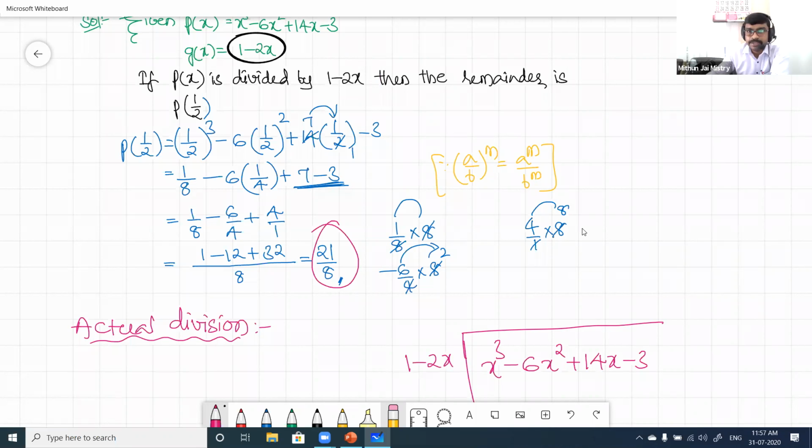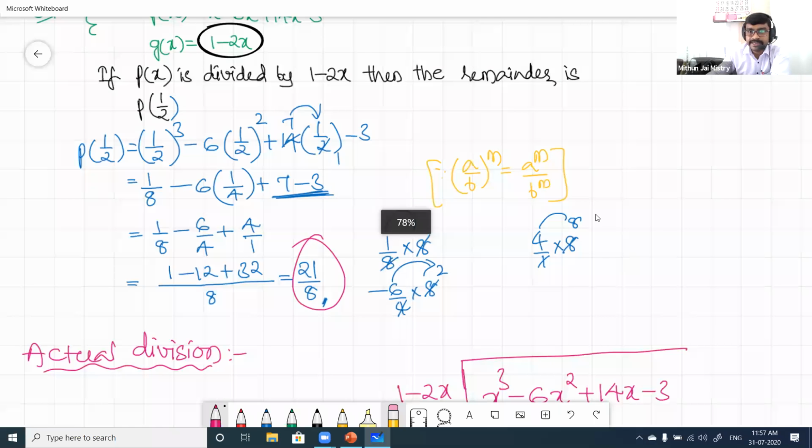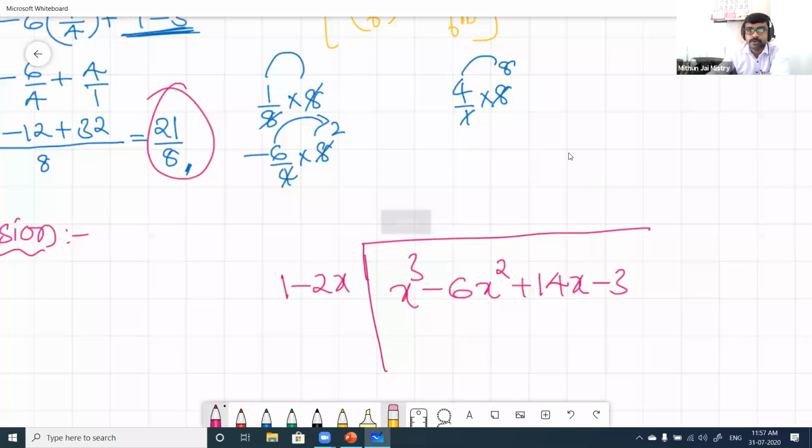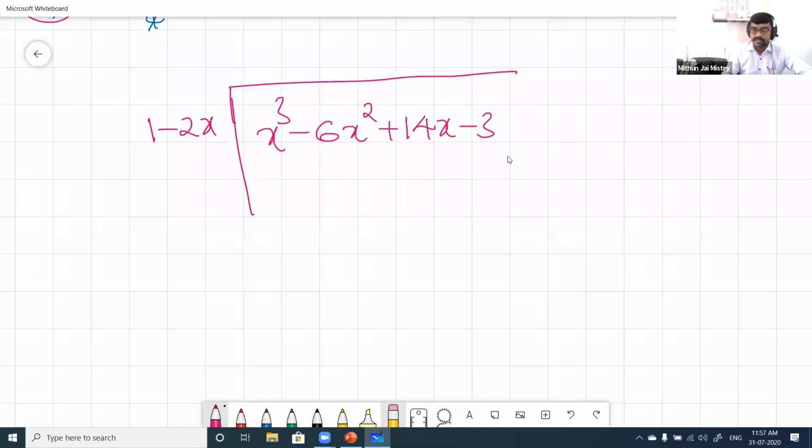Here 1 minus 2x is not the correct form. We have to change its form. What do you mean by that, sir? You can observe that in the dividend, x cube minus 6x square plus 14x minus 3 is the dividend. In the dividend, what you are observing is that the degrees are in descending order: first degree 3, then degree 2, then degree 1, then degree 0.